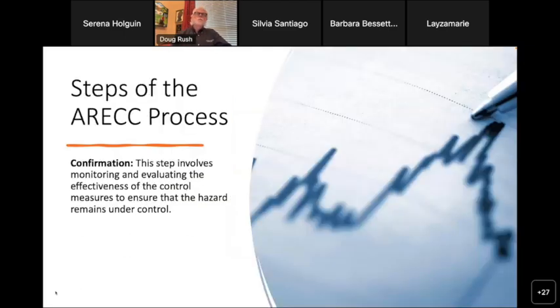So now we want to confirm. I cannot tell you how important this particular process is, the confirmation. This step just involves monitoring and evaluating what's going on in there, the effectiveness of your control measures. How many of us have ventilation systems out there that we know they're there, we don't really understand what they're doing or how well they're working.